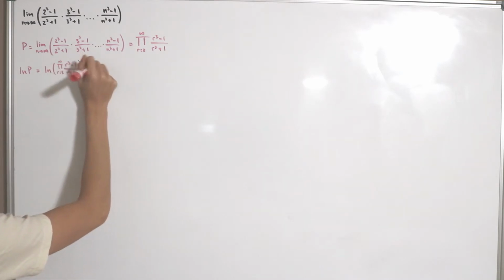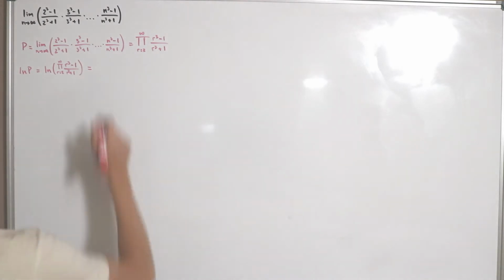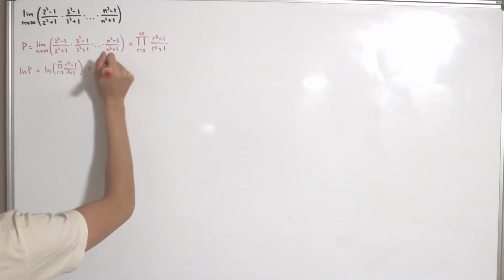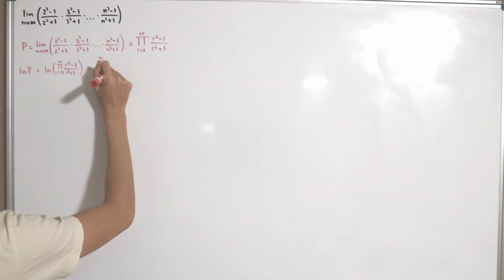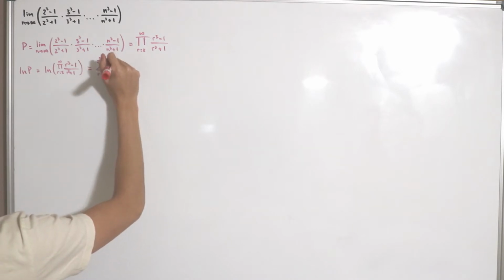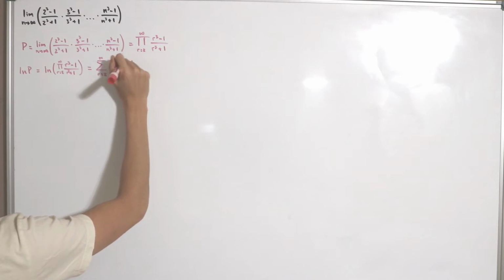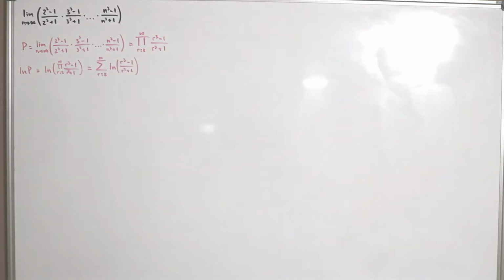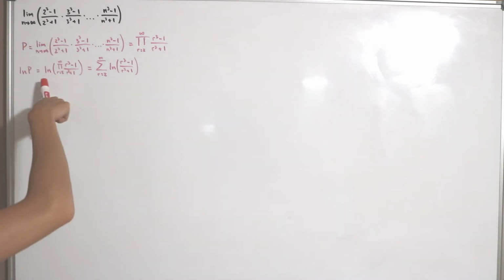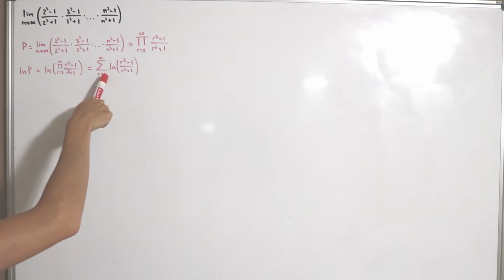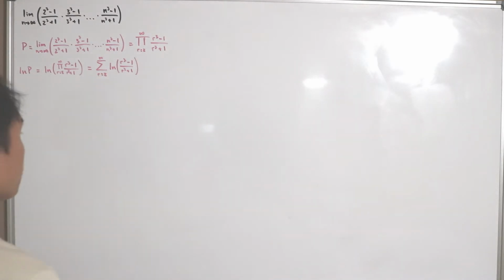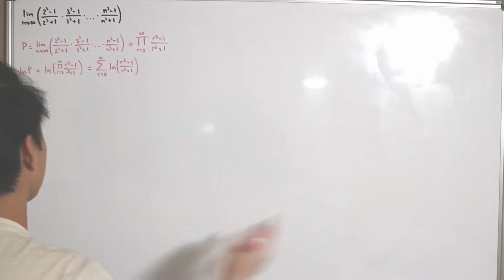Notice that's the same thing as the summation from r equals 2 to infinity of the natural log of (r cubed minus 1) divided by (r cubed plus 1). And why is that? Because if I take the natural log of the product series, this equals the summation, mainly because of the continuity of the natural log.